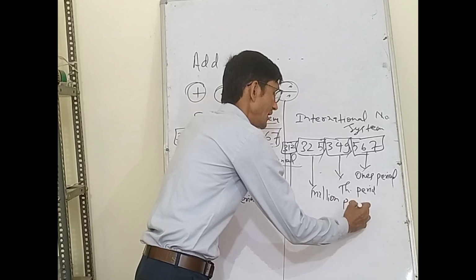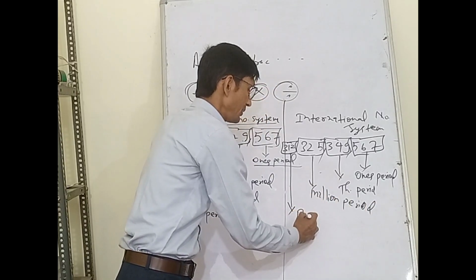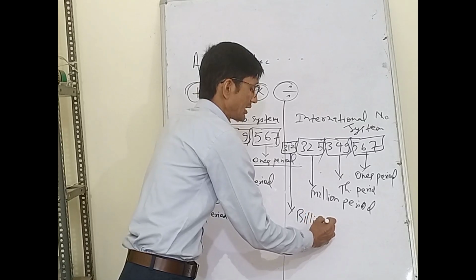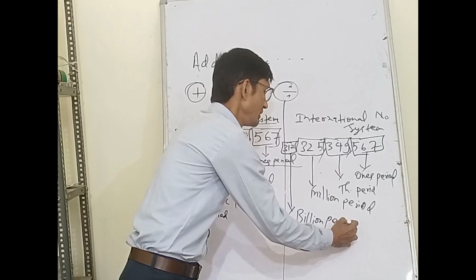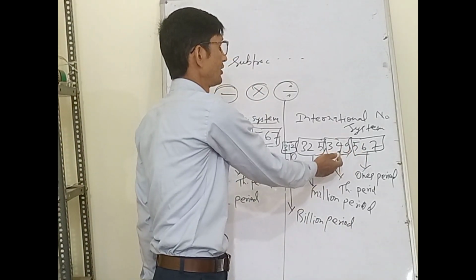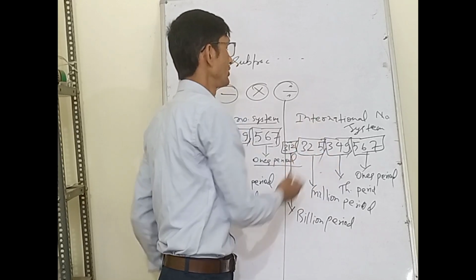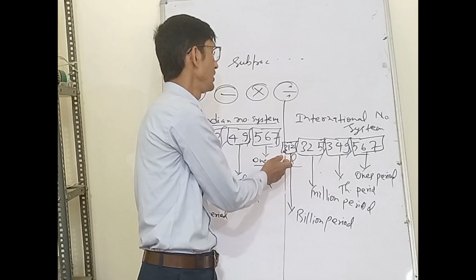The previous one was the million period, but the later one is called the billion period. In this way you can write its name. Its names are ones, tens, 100, 1000, 10,000, 100,000, then million, 10 million, 100 million, billion, 10 billion, 100 billion.